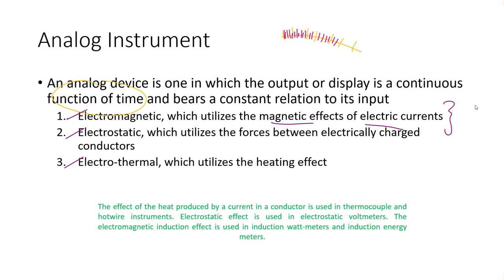The rotation of an electron gives us a magnetic field, so we deal with magnetic effects here, and here we deal with the charge on the electron, so the static charges are dealt with. Electrothermal utilizes the heat effect, such as a thermocouple, which uses the change in voltage with temperature change.